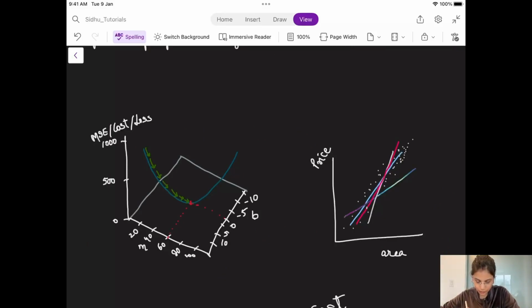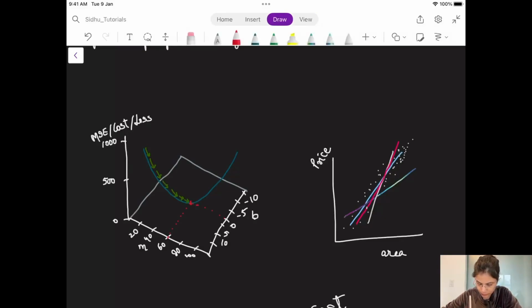So you can see the diagram where I have plotted the cost function with parameters m and b. I have taken these values as 20, 40, 60, 80 for m and different values of b.